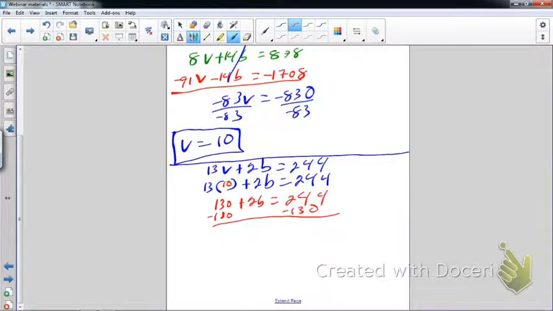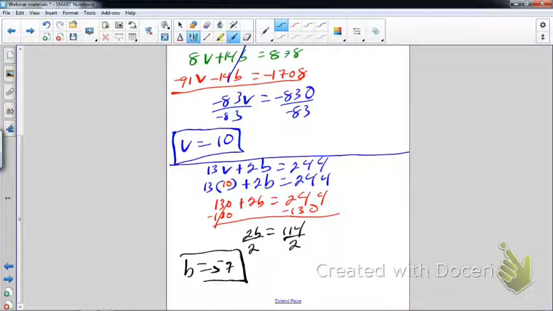Let me make myself a little more room. That simplifies, and then I'm left with 2b that is equal to 114. Now I get to use the division property of equality, and then I get to obtain that the number of students that were in each bus is 57.